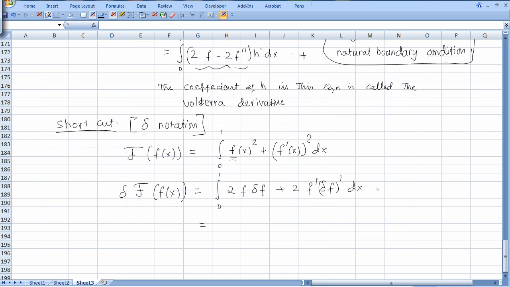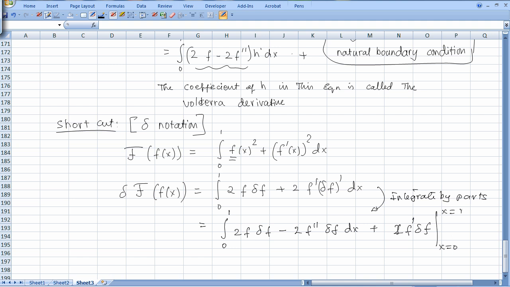This is equal to integral 0 to 1 of 2f delta f minus 2f double prime delta f plus f prime delta f between the limits x equal to 0, x equal to 1.